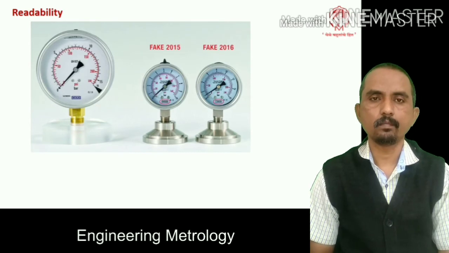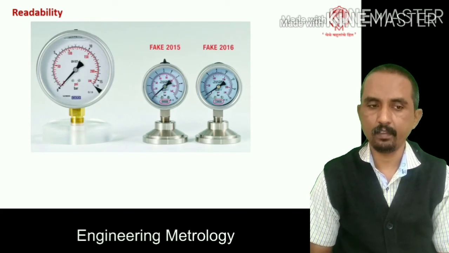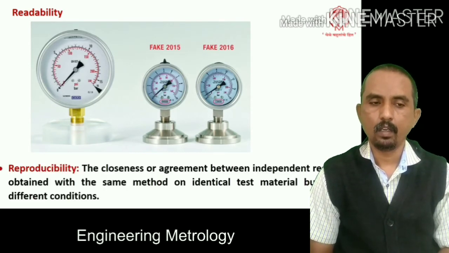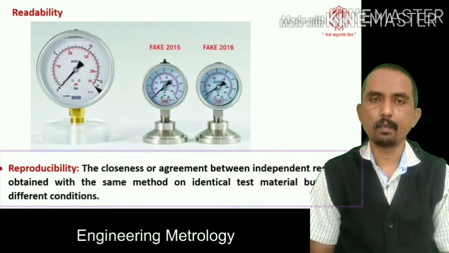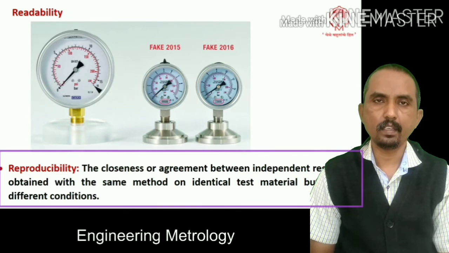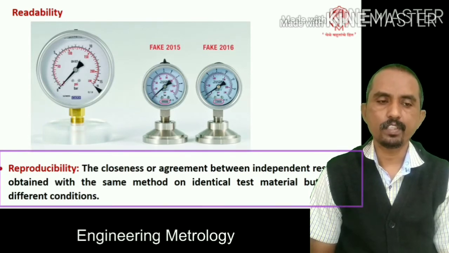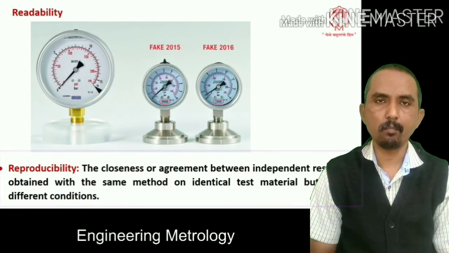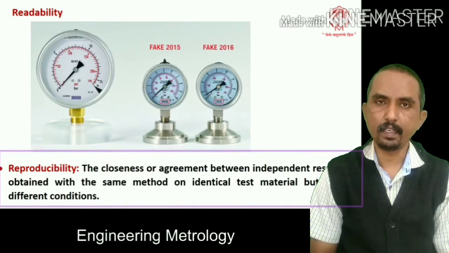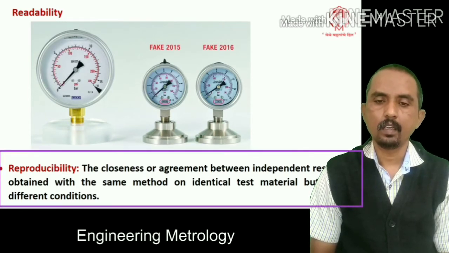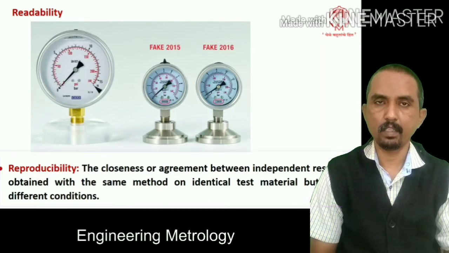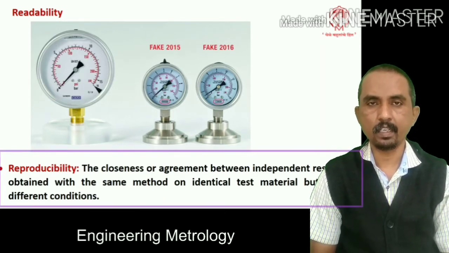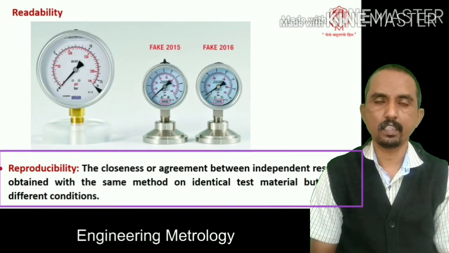Then the next term is reproducibility. In the case of reproducibility, it is the closeness or agreement between independent results obtained with the same method on identical test material, but under different conditions. In the case of repeatability, we discussed that all the parameters remain the same.